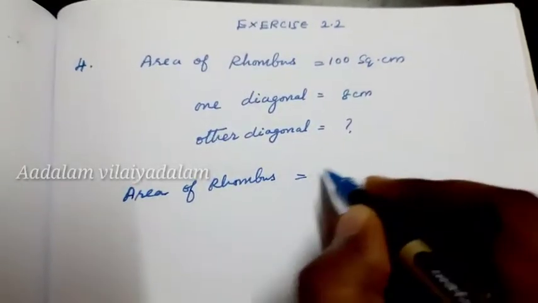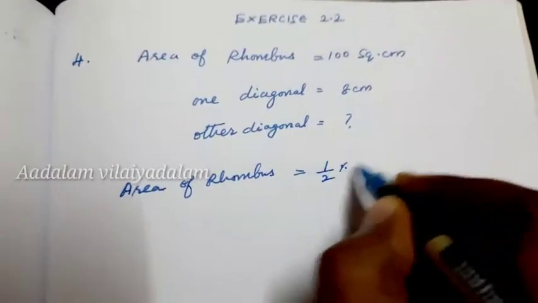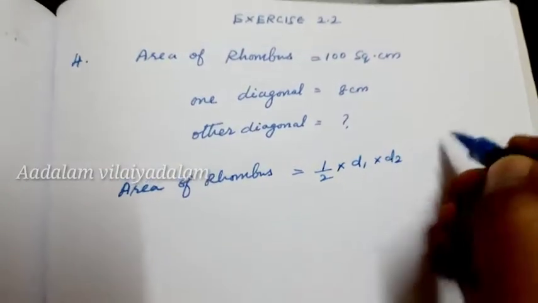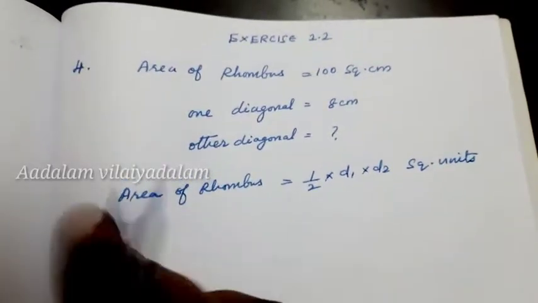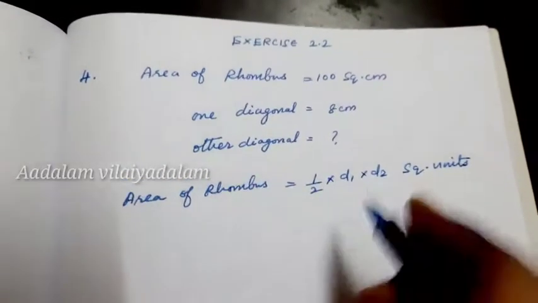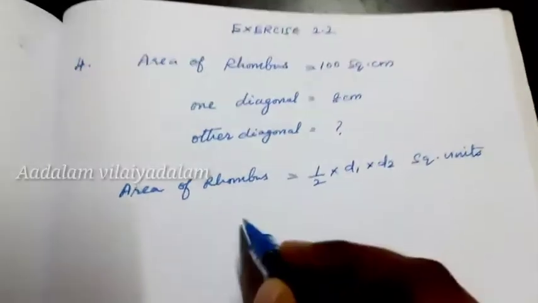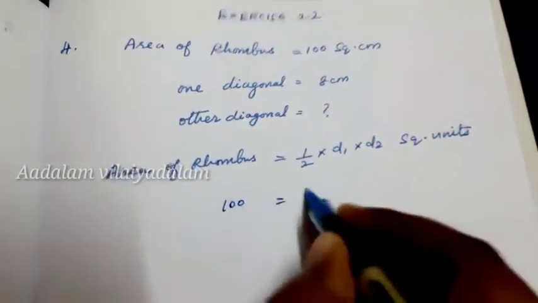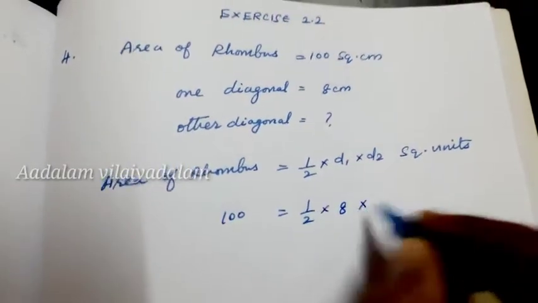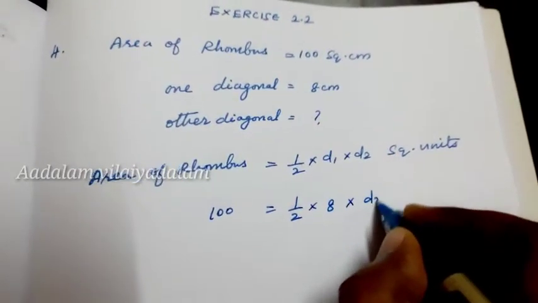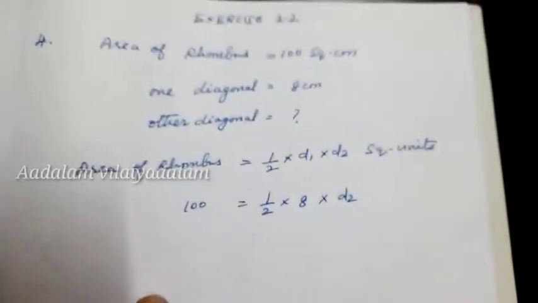That is area of rhombus is equal to 1 by 2 into d1 into d2 square units. The area of rhombus is given, that is 100 square centimeter, and 1 by 2. So one of the diagonals we can take as 8 and another diagonal we do not know, so we can choose it as d2.